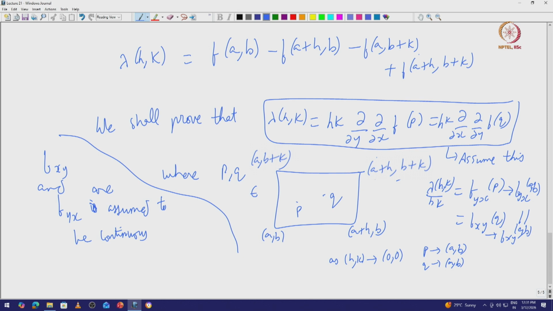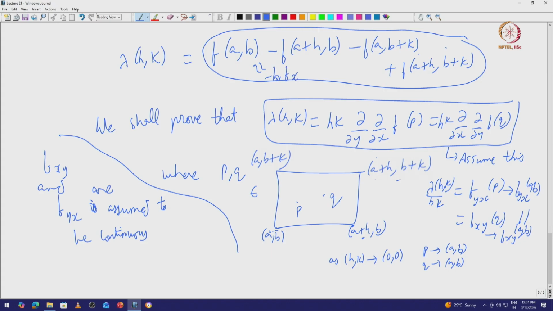So essentially the intuition here is that you can interchange, so this is what is known as a second order difference, right? So you're taking f of a plus h and b and you're taking the difference between these two, okay? This is roughly speaking the partial derivative with respect to x times h, right? This is roughly speaking minus h times the partial derivative with respect to x.